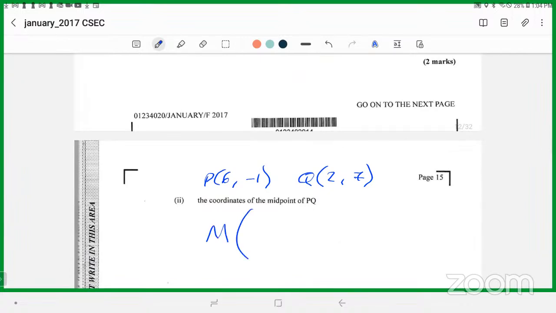So you're averaging the X values. For the X coordinate at the midpoint, you get 6 plus 2, divided by 2. Then you're averaging the Y values, the -1 and the 7. Averaging means you add them and divide by 2.